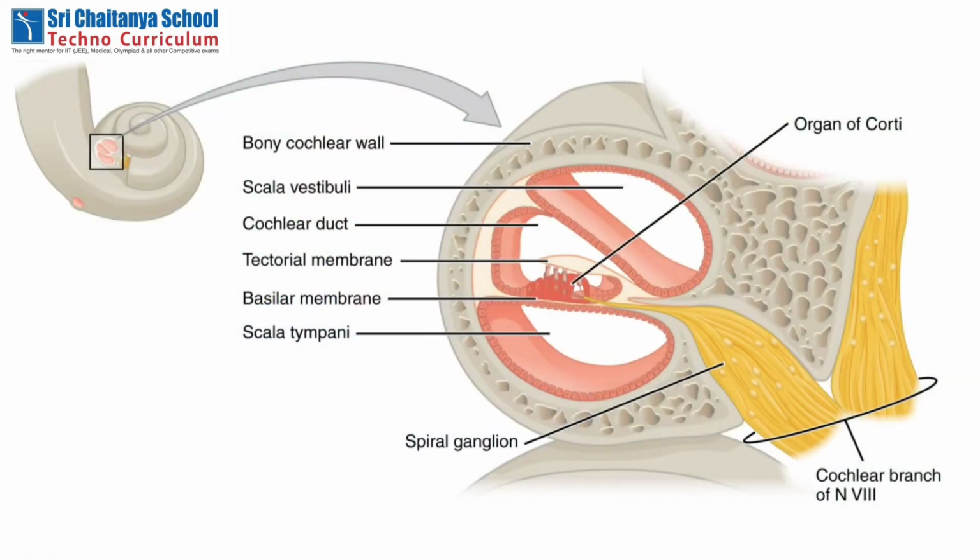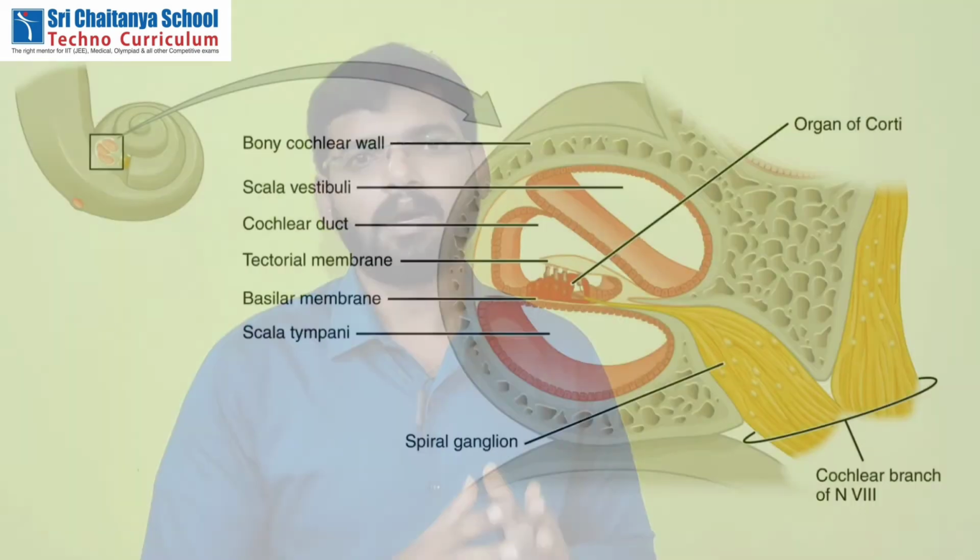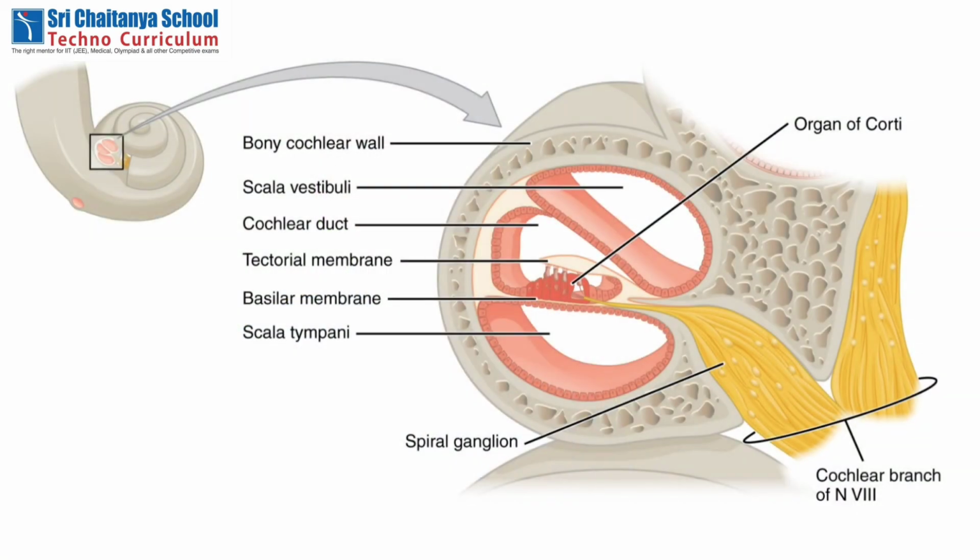This cochlea is connected with a nerve called the cochlear nerve, and the vestibule is connected with a nerve we call the vestibular nerve. Both go towards the brain to send the nerve impulses collected by the ear, and they send them through the vestibular nerve and cochlear nerve to the brain where the sense can be perceived.